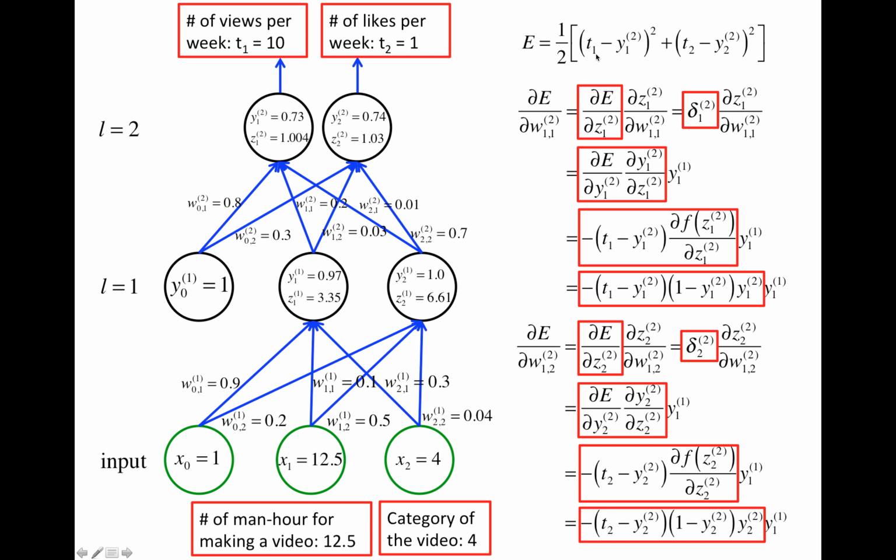We take down the 2 here, and this 2 cancels out with this 2, and then it's just T1 minus y21, and you have a minus sign in front of y21. So the partial E partial y21 just equals minus T1 subtract y21.